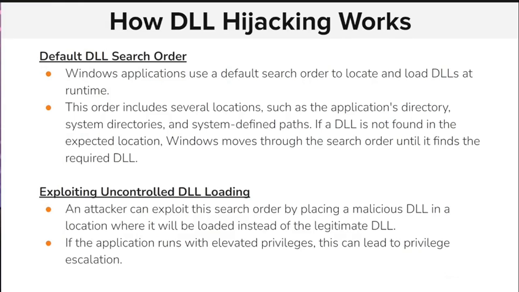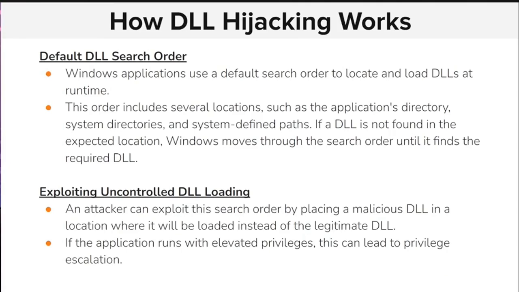Windows applications or programs use a default search order to locate and load DLLs at runtime. So let's say you have a Windows program and it loads up a set of DLLs, either Windows specific DLLs or custom DLLs. When a program starts up, it follows a predefined search order in order to find those DLLs.